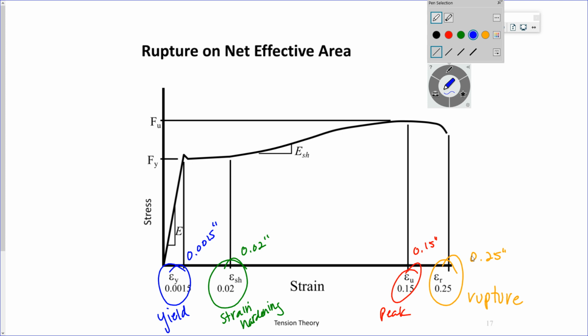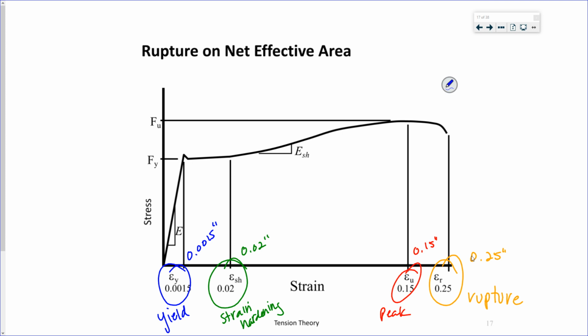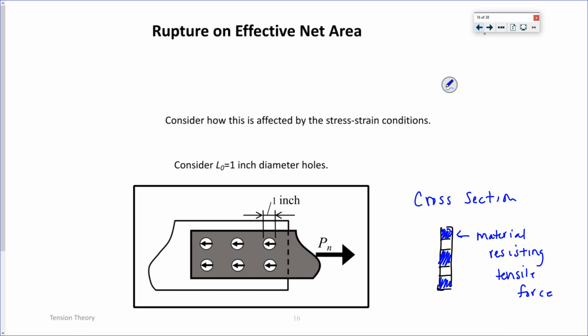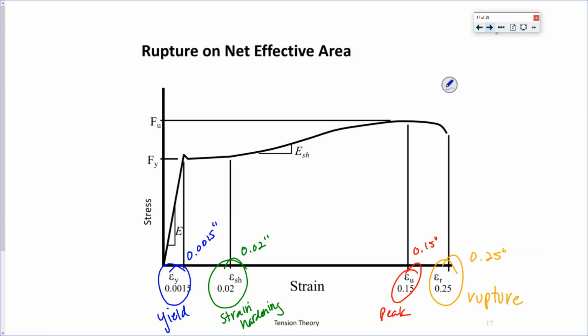So what is this telling me? Now when I looked at yielding over a long tension member, 100-inch long member, it was going to take 25 inches of deformation for it to even rupture. Now if I'm looking over a shorter distance, just the distance where I've punched some holes and put in a bolt, it only has to deform 0.25 inches.